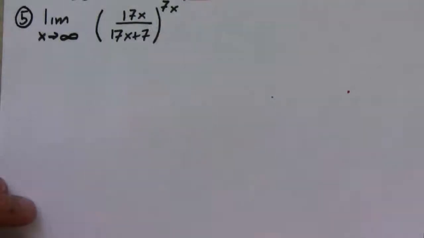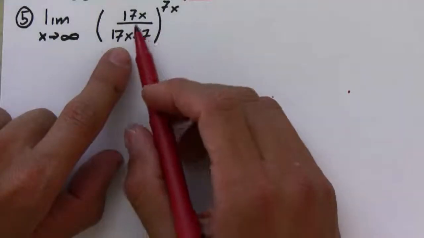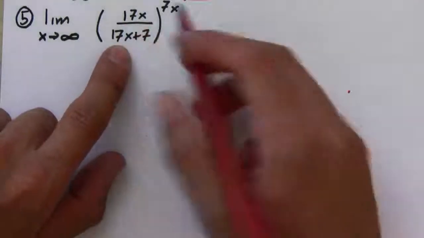Okay, so this problem is pretty tough, and so we're going to take it kind of slow. Hopefully we have enough room. But this is a different kind of indeterminate form than we've had because of what it is on the inside.